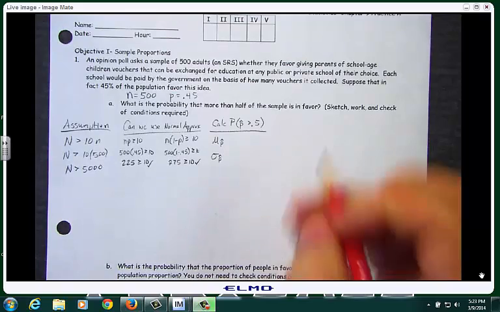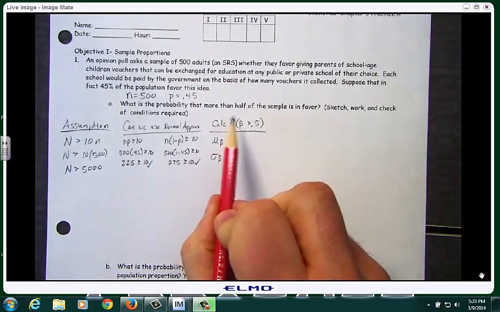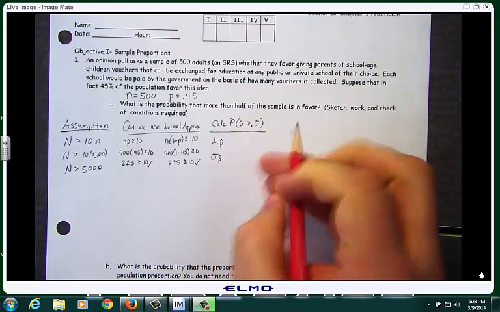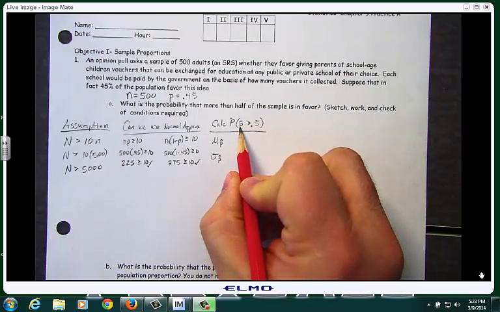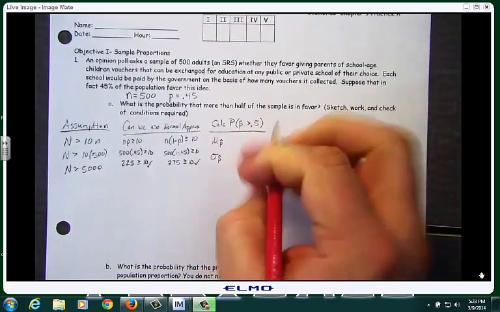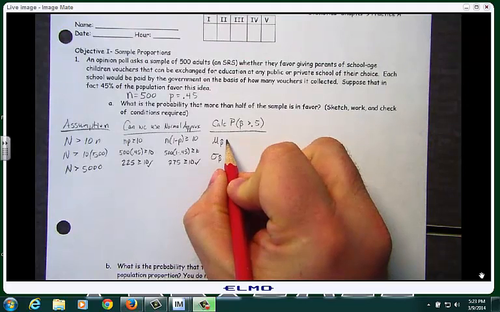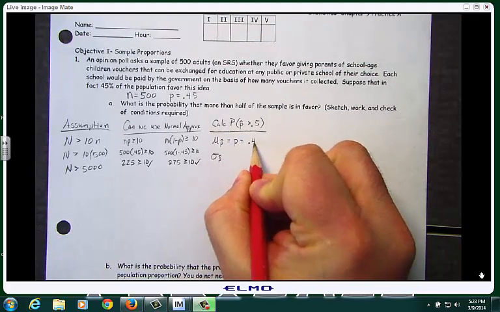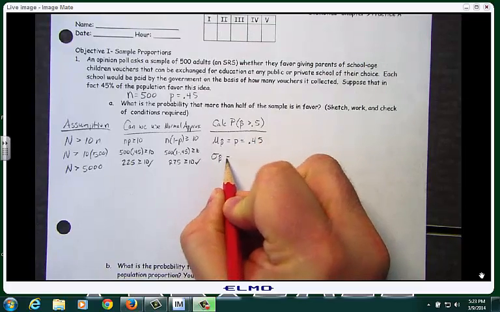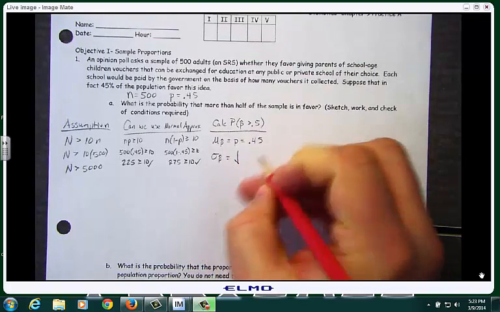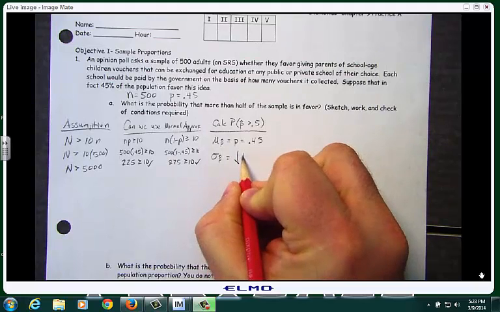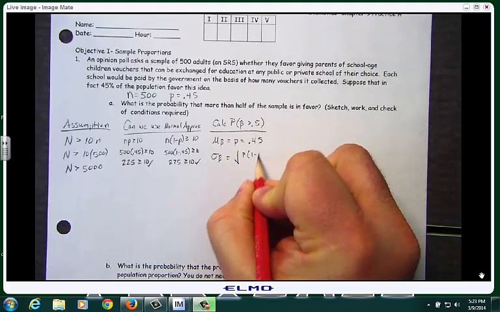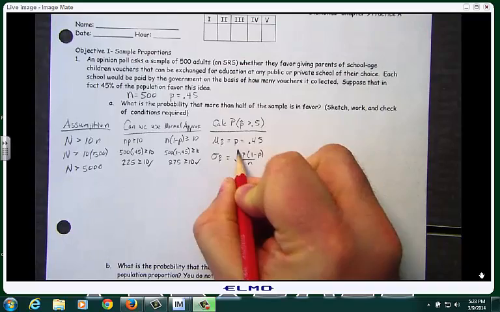The question posed to us in the problem is the probability that more than half of the sample is in favor. In other words, is the probability that p hat is greater than 0.5. We need to find the mean of p hat, which is equal to p, which is 0.45, and the standard deviation of p hat, which is the square root of p times 1 minus p over n.